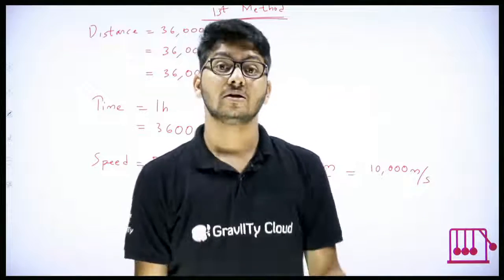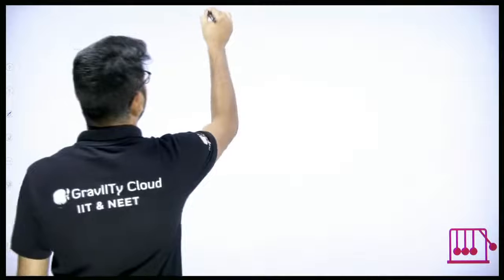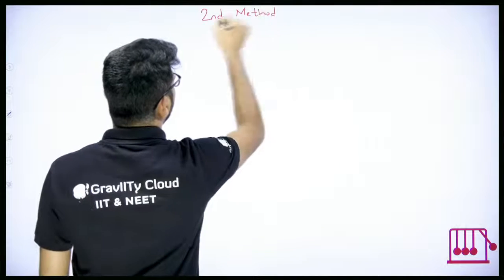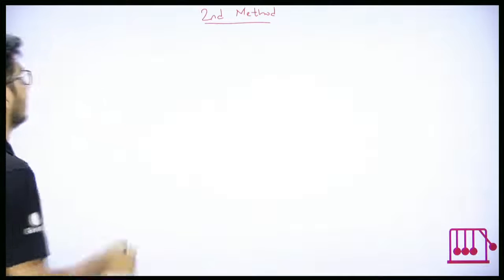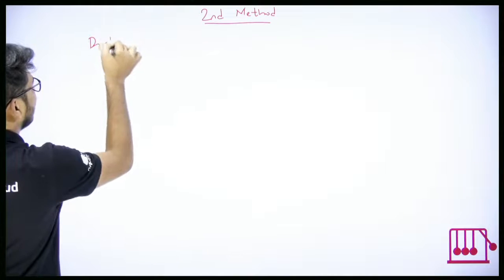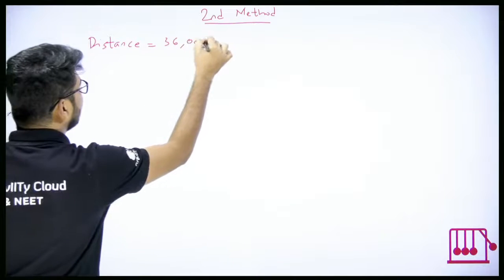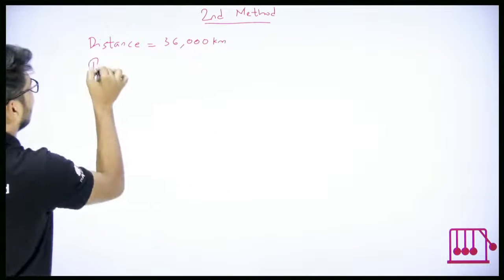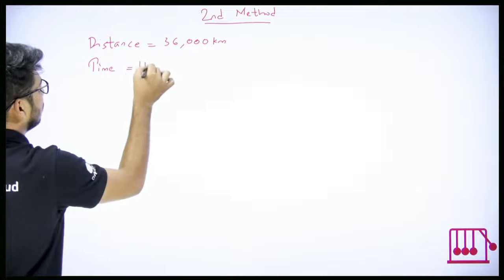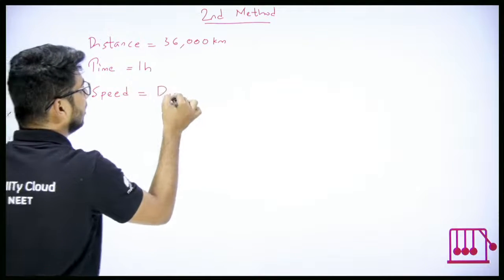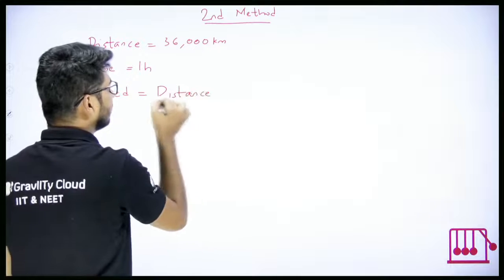First method. Then we have second method, another method. What is that? Here we know that distance is given as 36,000 kilometers. Time is given as 1 hour. So speed is equal to distance by time.